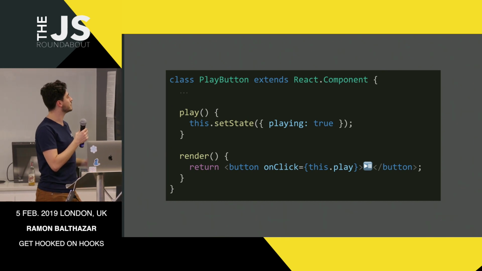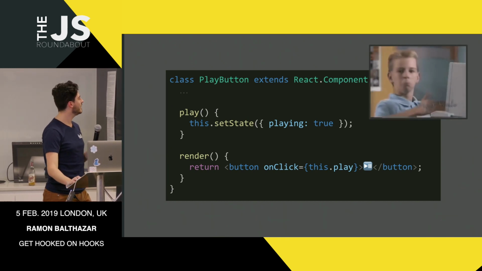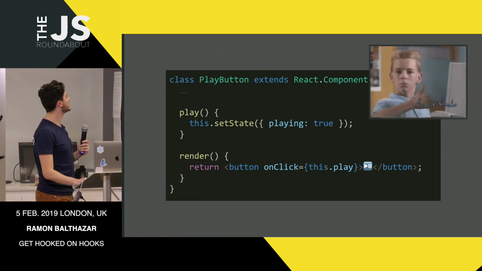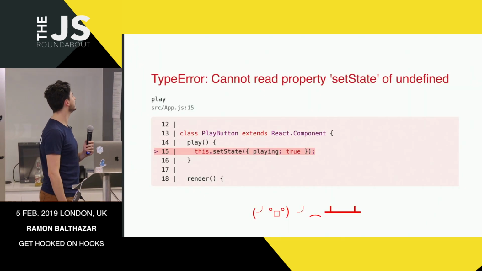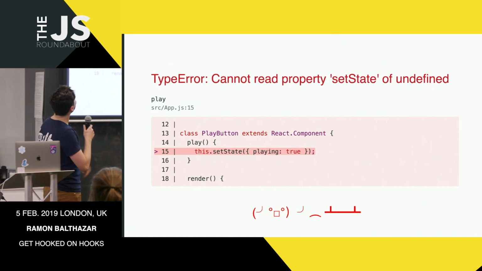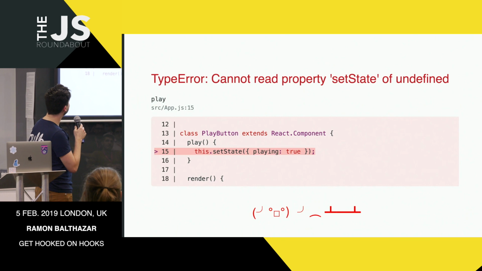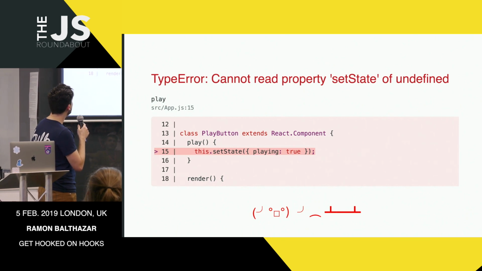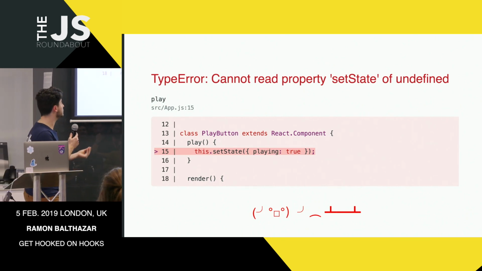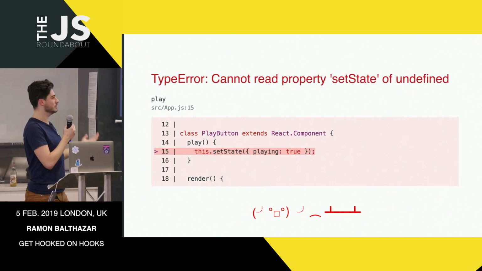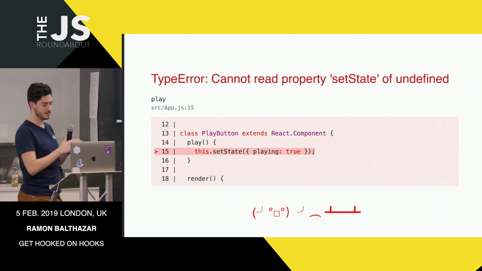Look at that code. Looks all right. I think it's fine. Then you save the file, refresh the browser. Oh, Lord. Okay, what's going on here? Cannot read property setState of undefined. This is undefined. Oh, yes, that's right. We need to bind the instance to the class method, right? It makes sense.